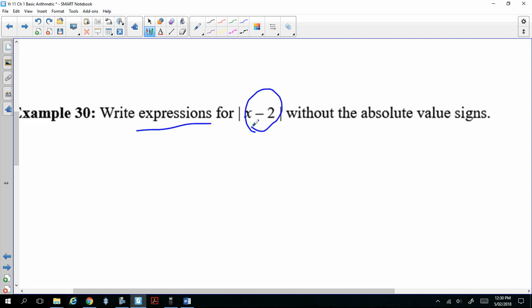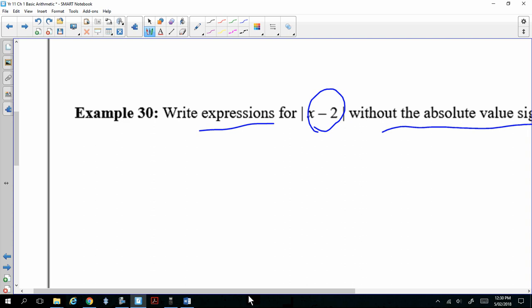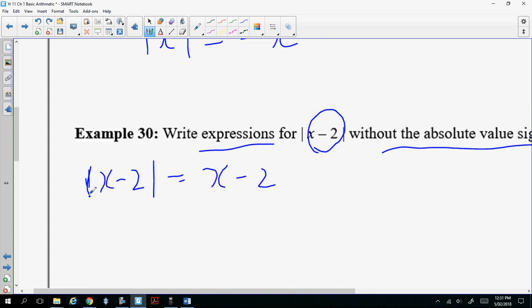We're going to write absolute value of this is equal to itself, isn't it? Because whatever is inside the absolute value, you just take it out as long as this is positive. So we've got to be flexible because this is not the same thing as x before. It's absolute value of x minus 2. So obviously things have to change a little bit.